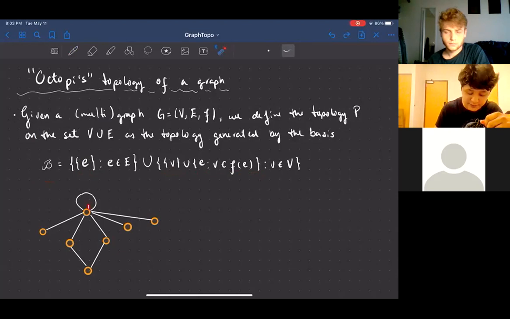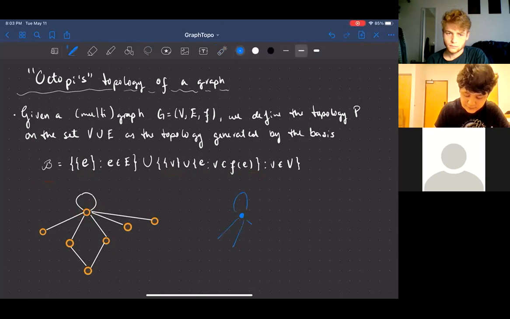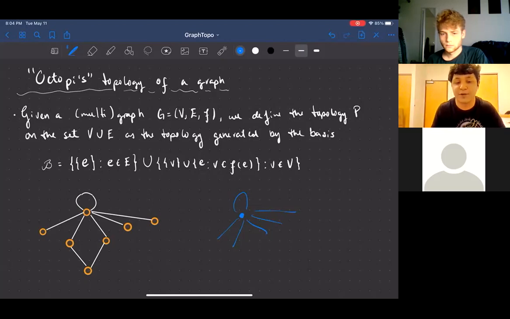For example, if we look at this vertex here, the open set of this vertex will be all the edges that end in that vertex. This is probably why the author calls it the octopus topology, because it looks like an octopus.